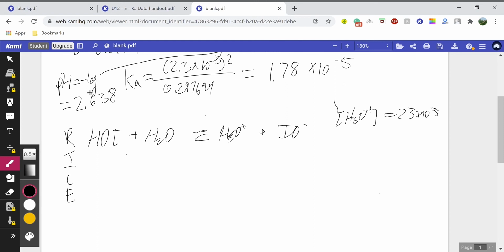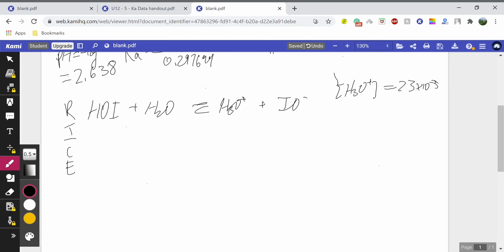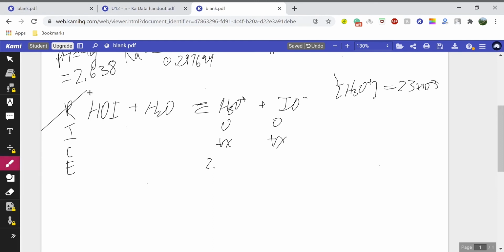So you know this is 0, 0 plus x, and this has to equal 2.3 times 10 to the negative fifth. And so is the other one, because they're both x.